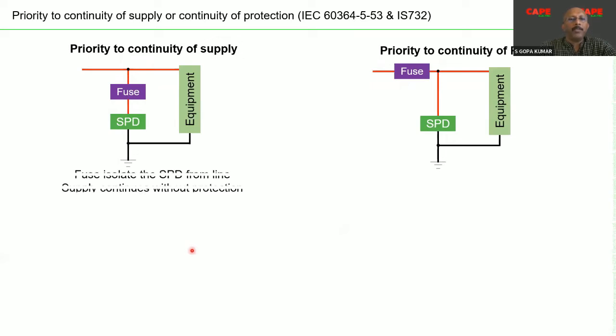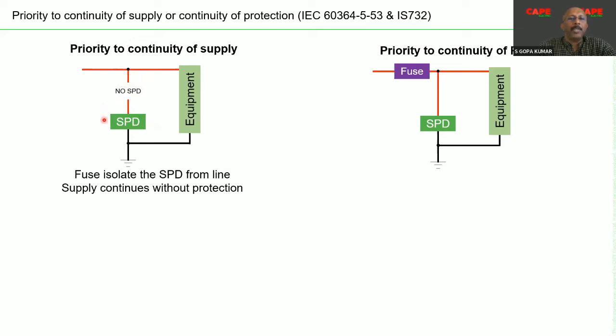It means at the end of life of the SPD, probably after 5 years, after 7 years, or even after 20 years, this SPD is going to create a situation of a short circuit. In this case, the fuse isolates the SPD from the circuit. As a result, your circuit is safe.